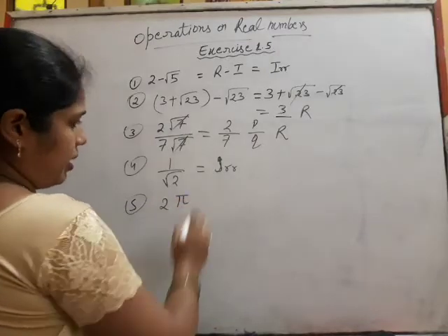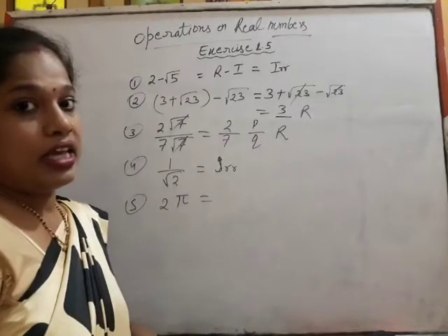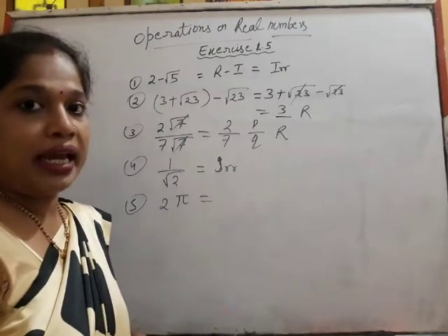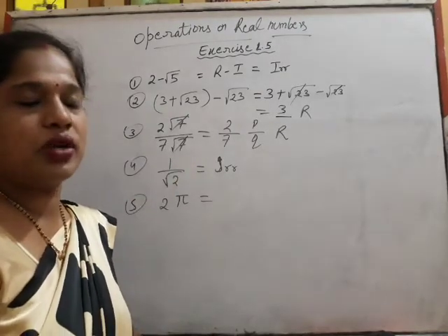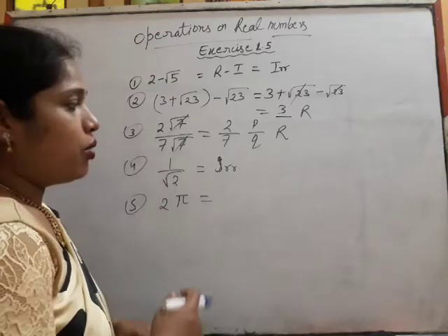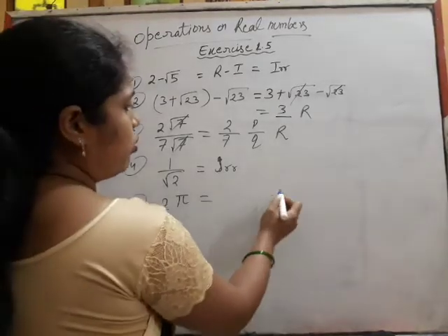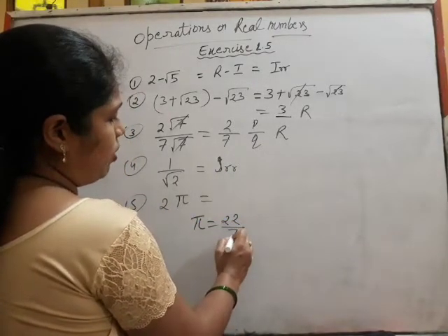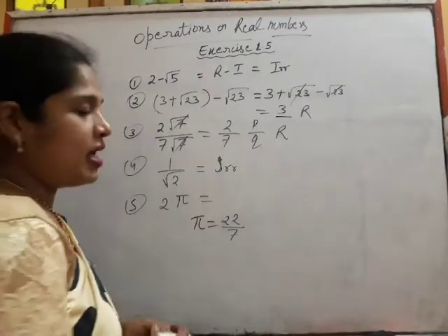Now the fifth question, 2 pi. You should know that pi is an irrational number. When you find the value of pi, pi is equal to 22 upon 7.